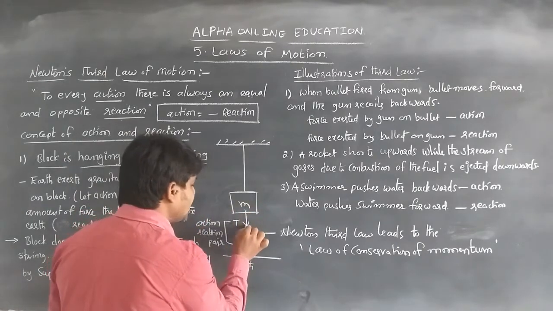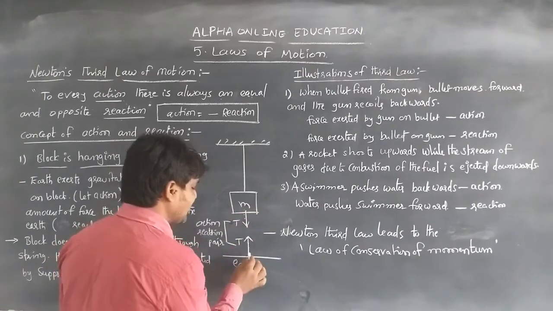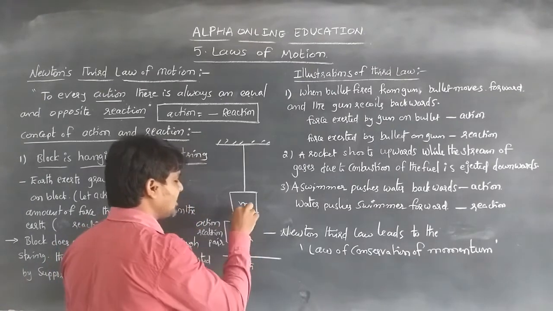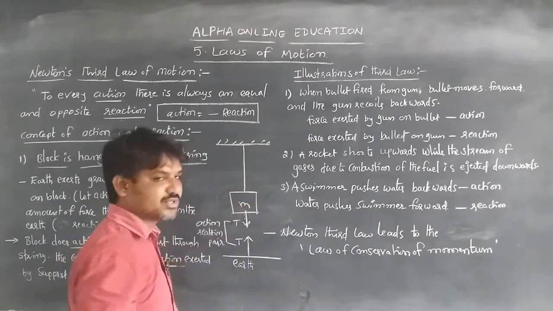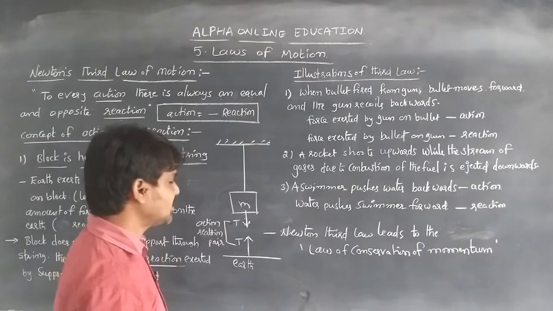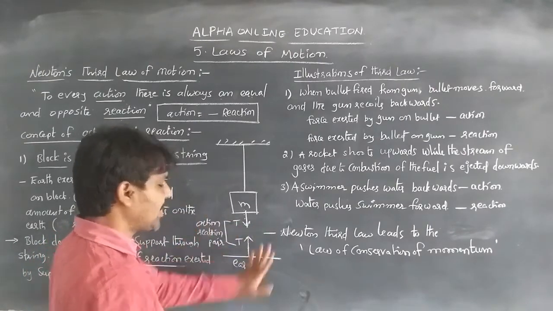The equal forces are applied in opposite directions, because the earth applies force in one direction and the mass of the block applies force in the other direction. That way we can say this is an action-reaction pair.